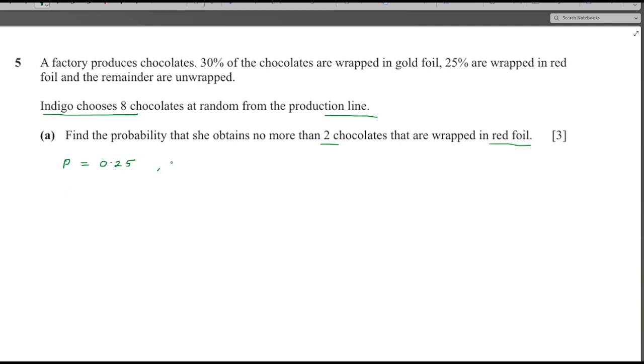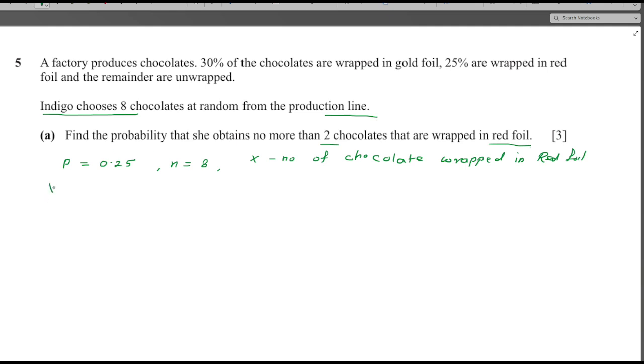And N is 8, and we will say that X is the number of chocolates wrapped in red foil.